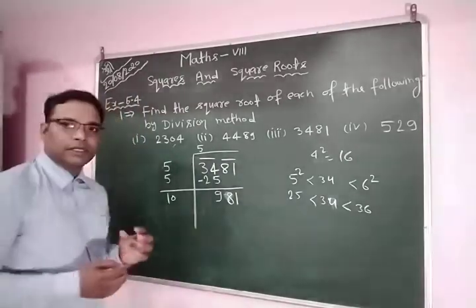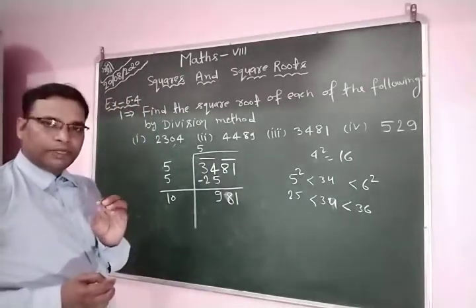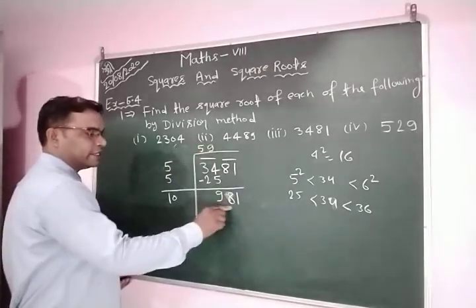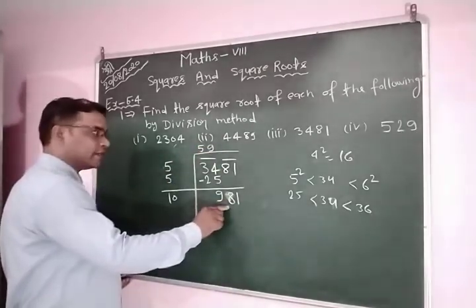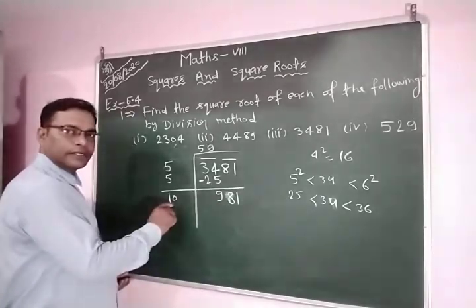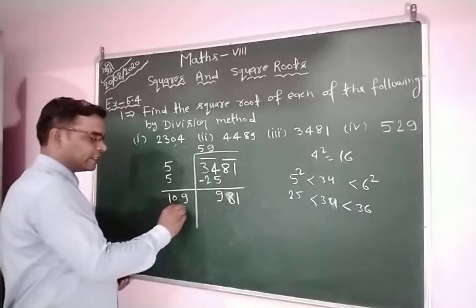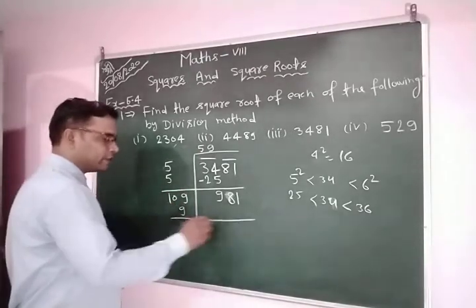Then this is our complete number. You fill in here 9. If you divide this 98 by this 10, then you obtain 9. You write 9 here, and here also 9. After this we multiply.